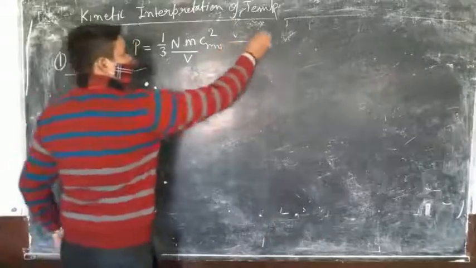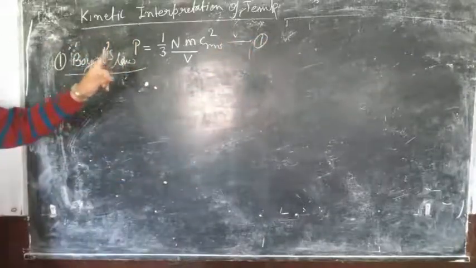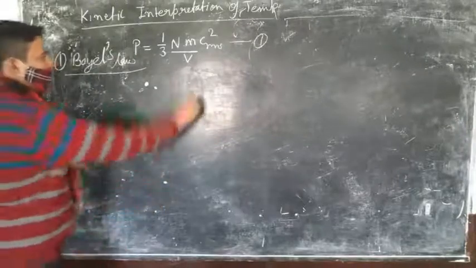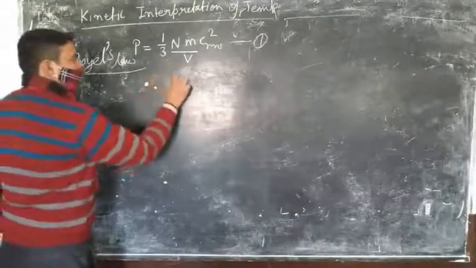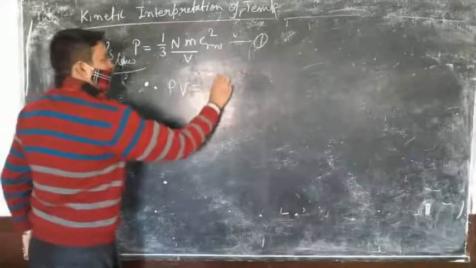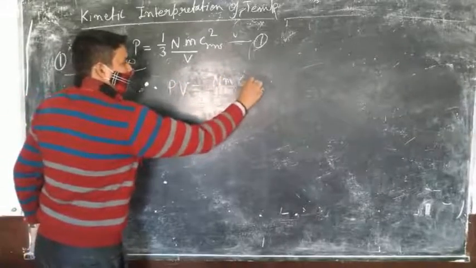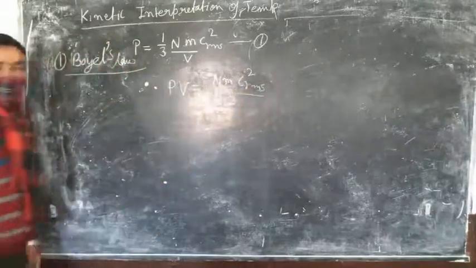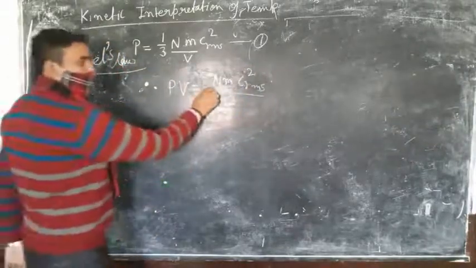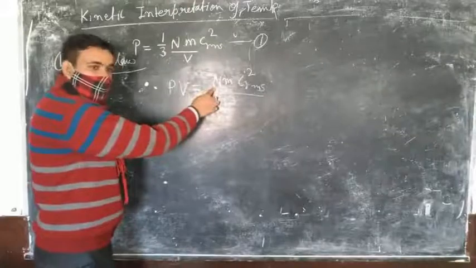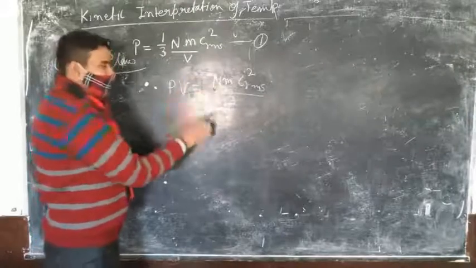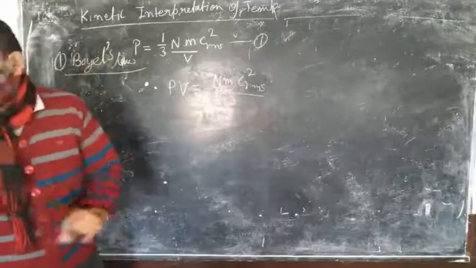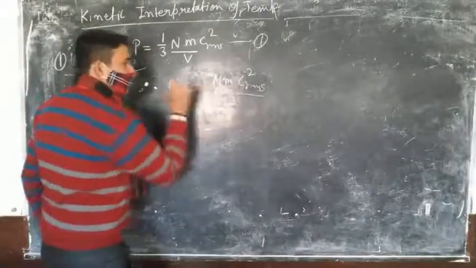Now we have this equation: the pressure exerted by molecules of gas on the walls of the container. By solving this, PV is equal to N m CRMS square by 3. Now N is the number density of molecules in the volume of gas, m is the mass of a molecule, and 3 is a numerical value. So these three are constant.